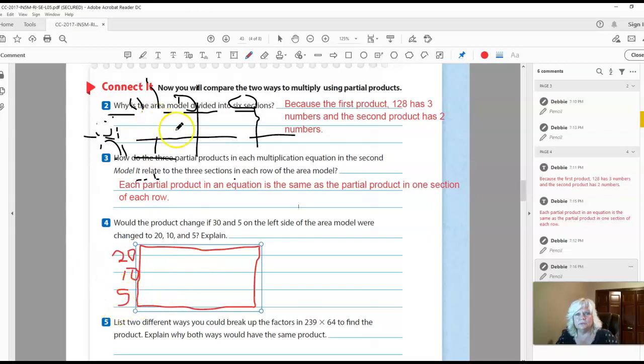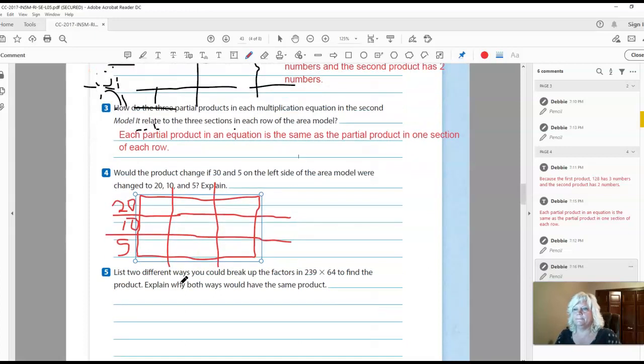No, not at all. It just means more boxes and more multiplying, because we'd have to do it 3 times, and we'd still have the 128 up here, so there'd be the hundreds, the 20s, and the 8. When we add it all together, it's still going to be the same answer. It's just more boxes and more multiplying.